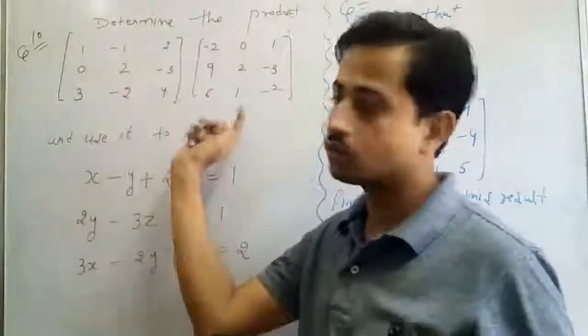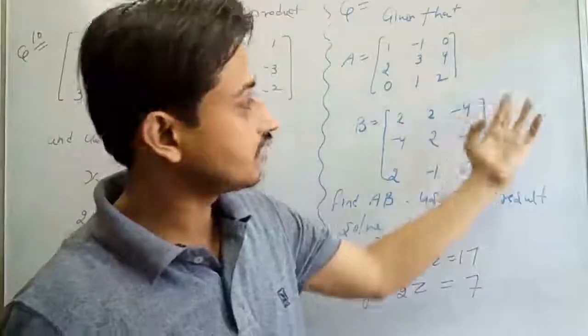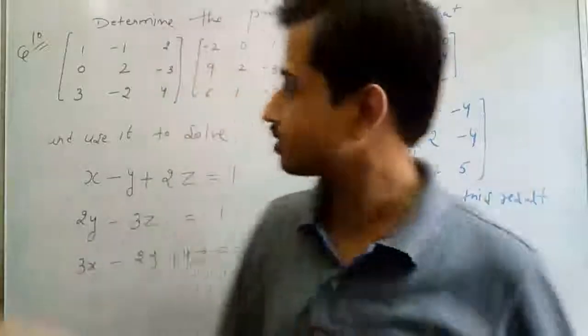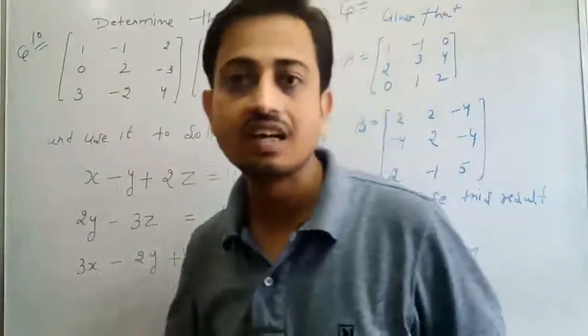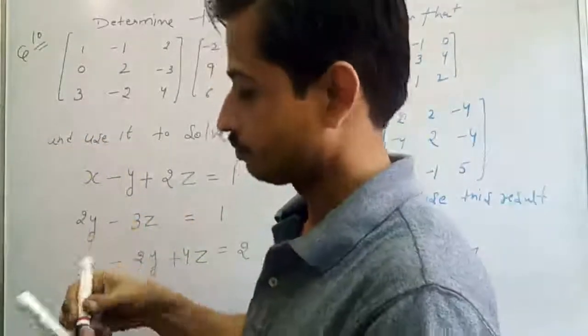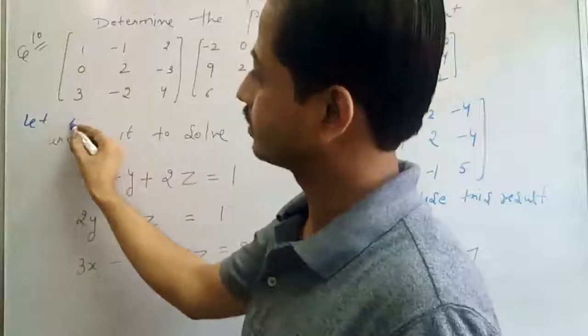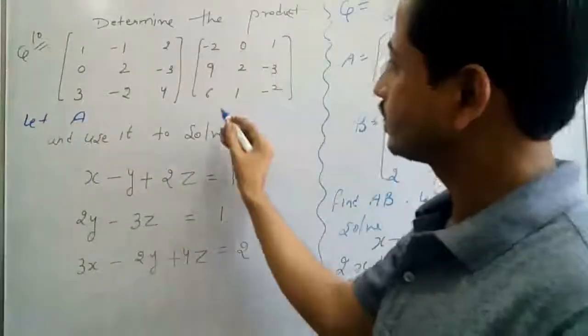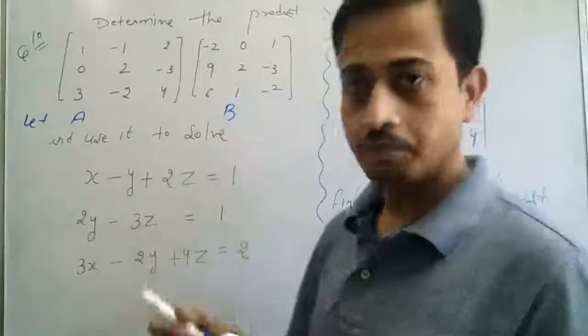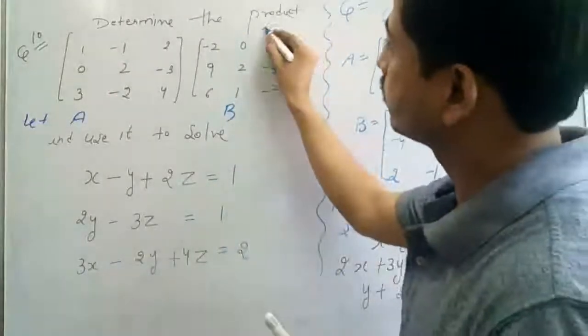In both questions we have to find the product, but in one the matrix is specified as a name, and in the other it is not. So I can take, let, this is matrix A and this is matrix B, and you have to find the product.